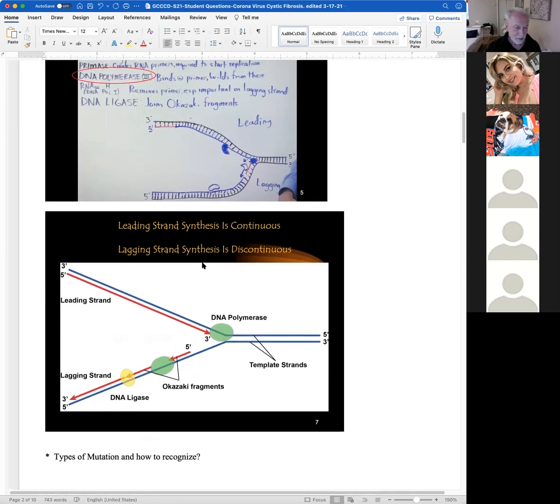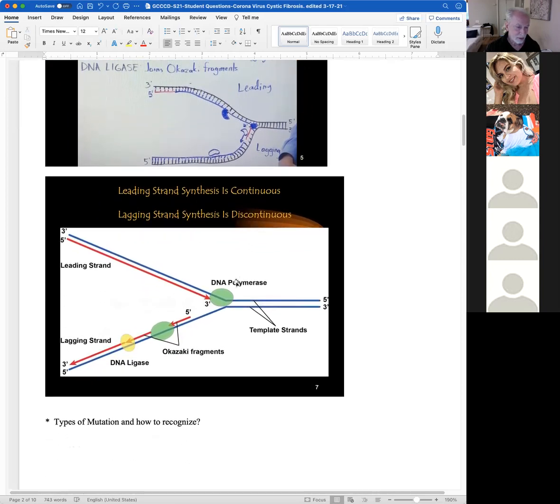And this next picture here is just a close-up, a very simplified version of that happening. The leading strand going 3' to 5', continuous, and the lagging strand being disjointed, this series of primers, series of Okazaki fragments linked together with ligase.